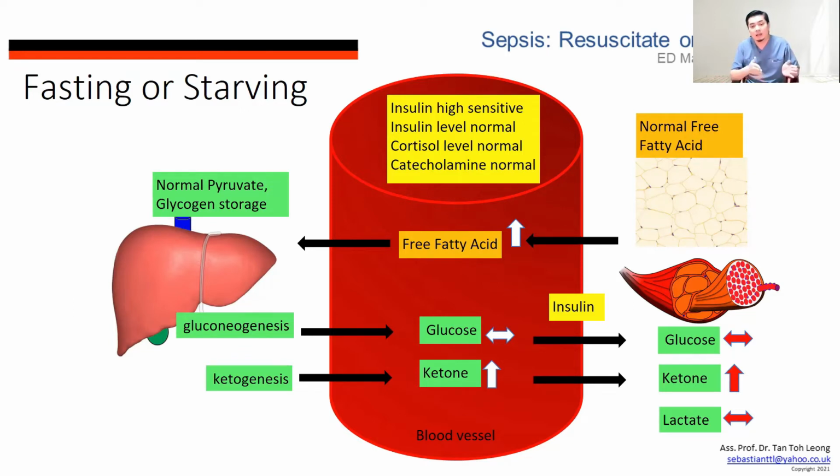Glucose goes down, then ketone goes up, and the ketone will be the second fuel to replace glucose, and later on fatty acid will increase to replace ketone for longer energy sustainability in a normal fasting and starving patient.